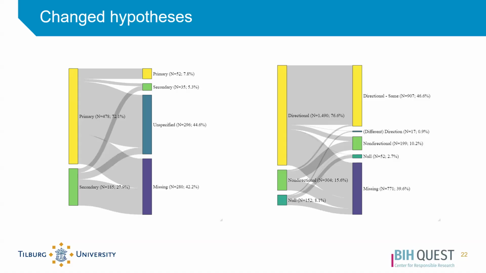On the right-hand side, you can see the directions of the hypotheses. So a lot of times the direction was luckily the same, but you can see a big part missing again, and you can also see that sometimes there were changes. So from a null hypothesis to a non-directional hypothesis, or from a non-directional to a directional hypothesis.